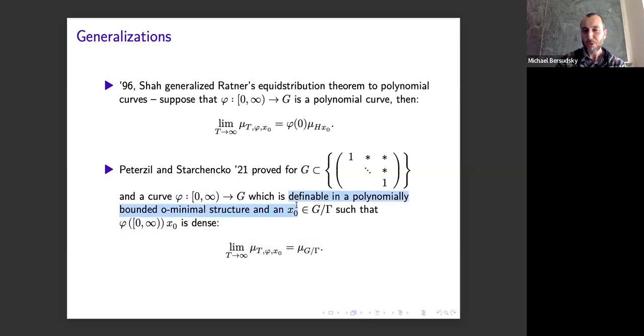Probably some of you are not familiar with this o-minimal notion, so that is my plan now. I just want to emphasize that in their work, they also consider a more general thing. They considered higher dimensional sets and projected them to G mod gamma and described their closure, getting Ratner-like theorems for the closure.